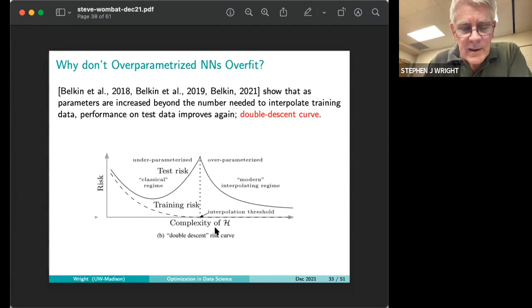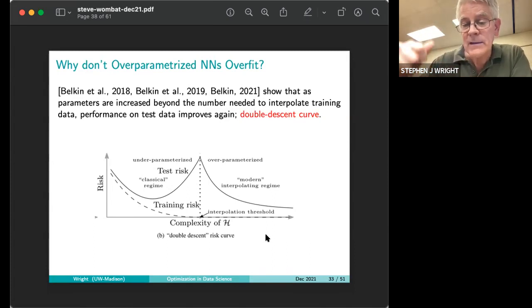The x-axis here is the complexity of the model. This is basically the number of parameters you put in your function, in your neural net or in whatever function you're using to predict the yj's from the aj's. And conventionally, the idea was you would not make the function too complex.